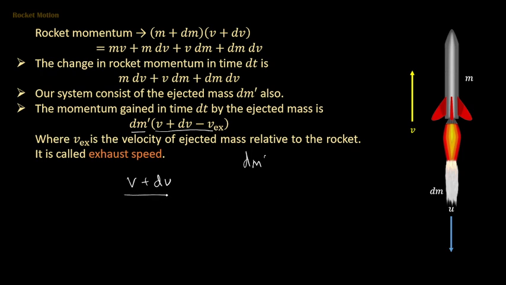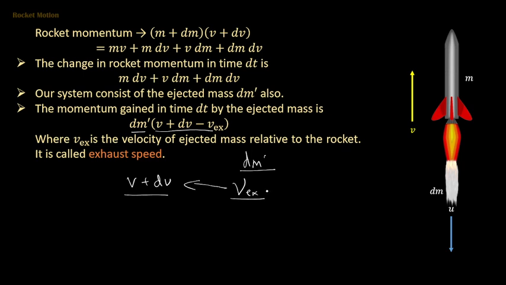So this is the velocity of rocket body, and the velocity vex represents the velocity of this escaping mass dm dash, but relative to the rocket body. This is the velocity of escaping gas relative to the rocket body. So velocity v exhaust is called the exhaust velocity.